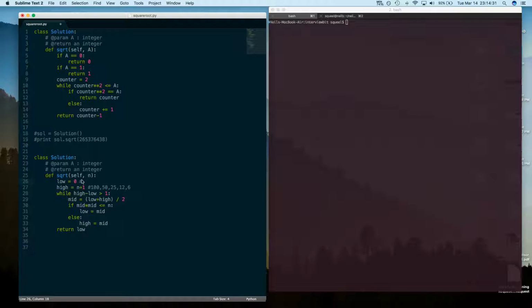So 6 plus 12 equals 18. So then it would be a 9. Which you would break at, and then you would just return low. That doesn't make sense.